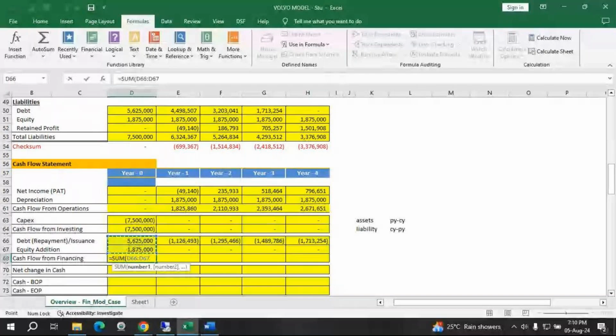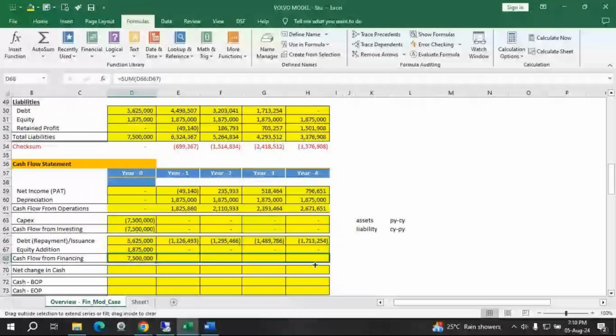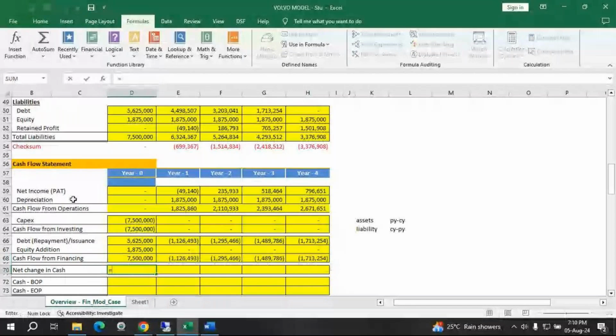See, here I got the amount. Net change in cash will be equals cash flow from financing plus cash flow from investing plus cash flow from operations.